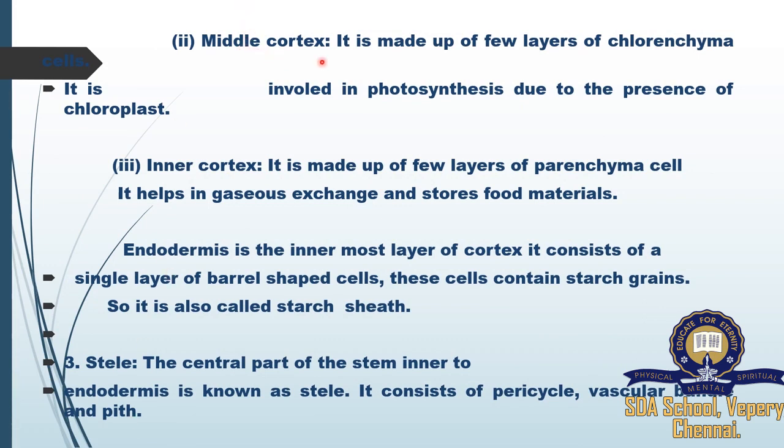Middle cortex. It is made up of a few layers of chlorenchyma cells. It is involved in photosynthesis due to the presence of chloroplast. Chlorenchyma cells are present in the layer, helping photosynthesis.